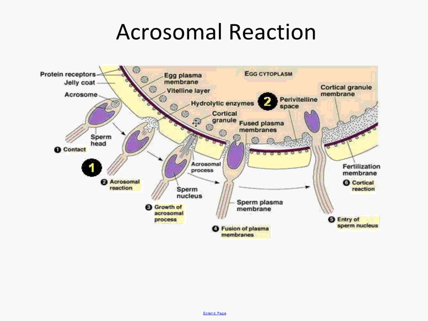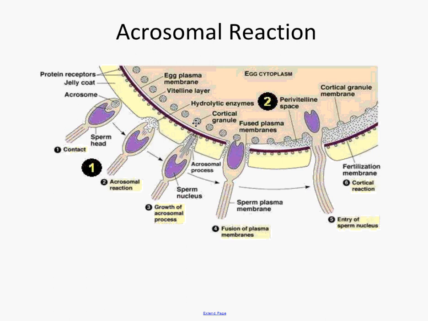And so just like we've talked about in cell signaling up to this point, when two cells make contact, they recognize, hey, that cell's not me, that cell is me. Well, the egg is specifically made to attach to the sperm cell. And so when that sperm cell comes in contact with the egg cell, all of the other protein receptors on the outside of the egg are released. And so this prevents other sperm from fertilizing that egg.